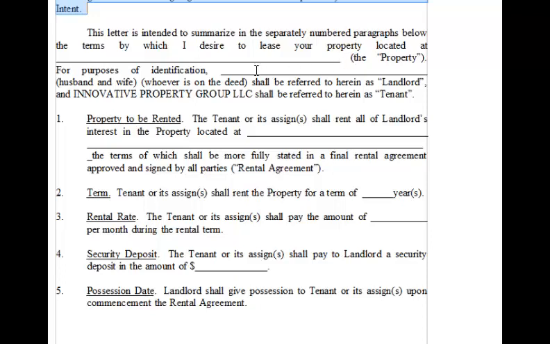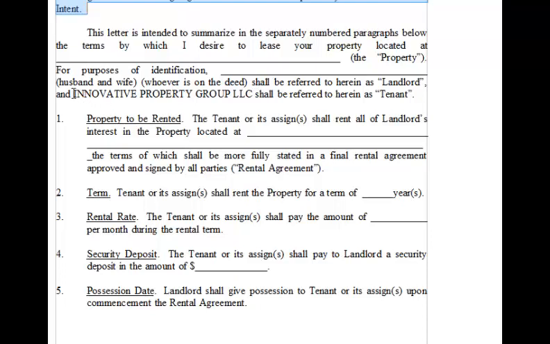For purposes of identification, you want to be able to handwrite in the husband and wife's name in there, and we would delete that, whoever's on the deed. Now, it may not be the husband and wife that's on the deed. It might be somebody else. It might be the wife and the mother of the wife. So we want to know who's on the deed. And this shall be referred to as the landlord.